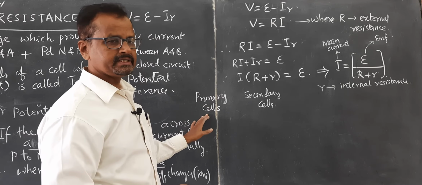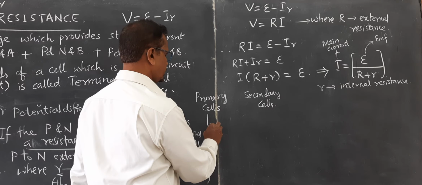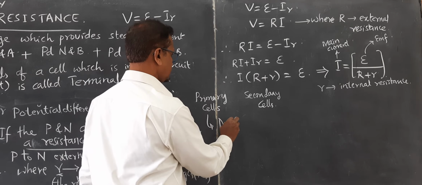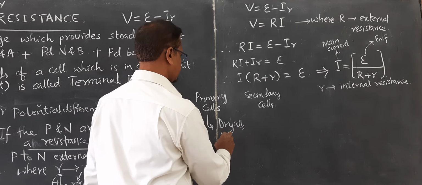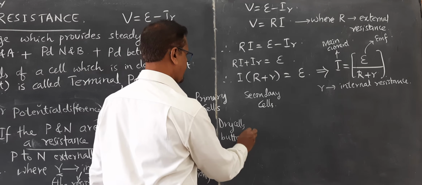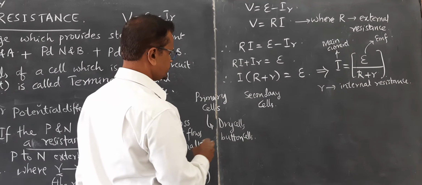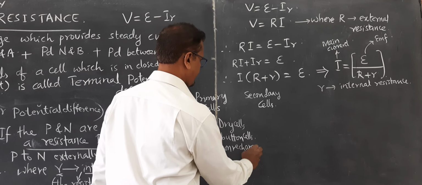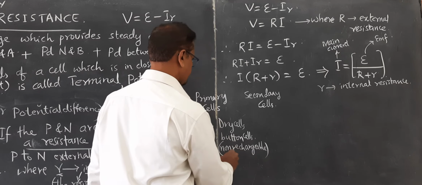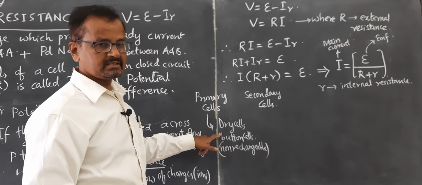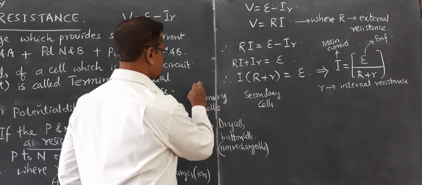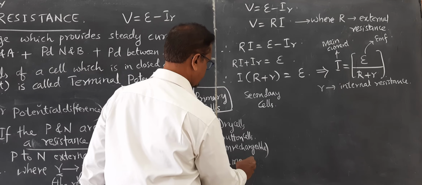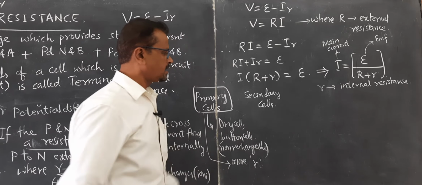So non-rechargeable cells are primary cells, for example dry cells, button cells, etc. Remember, these primary cells have more internal resistance r compared to secondary cells.